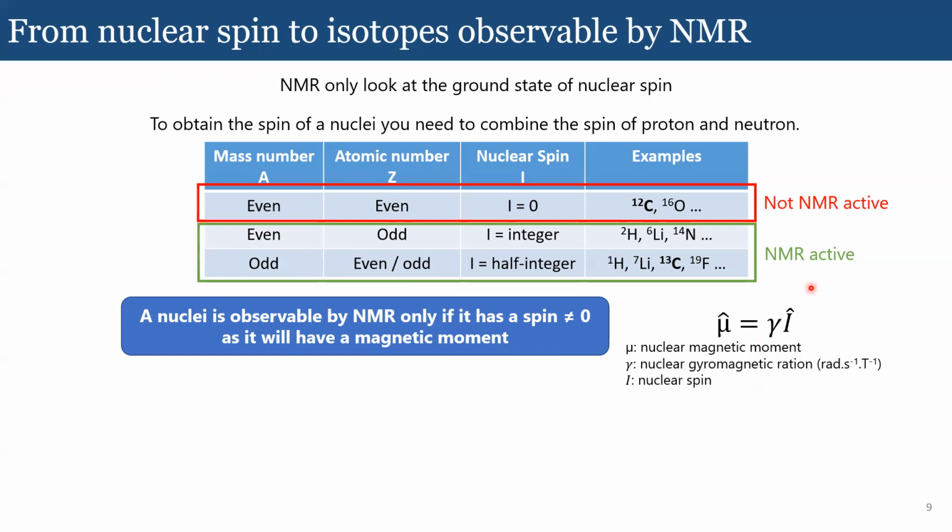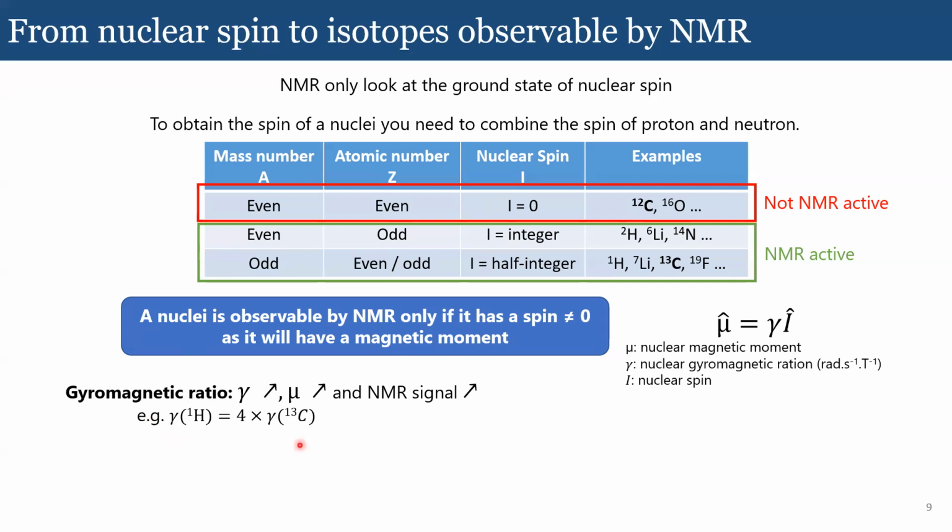But what you have to know is that when the gamma value increases, the magnetic moment will increase because of that equation. And if the magnetic moment of a nucleus increases, that means the NMR signal of that nucleus is going to increase. For example, here is a comparison: proton is one of the most NMR sensitive nuclei that we have.